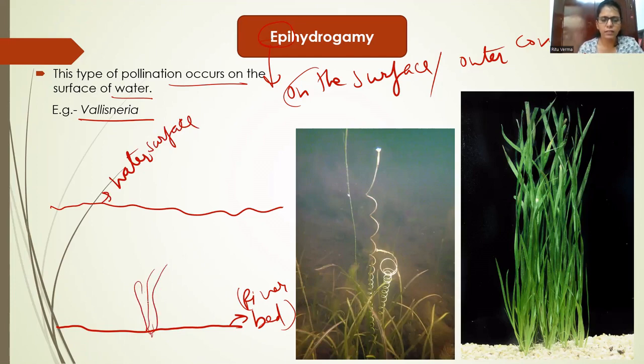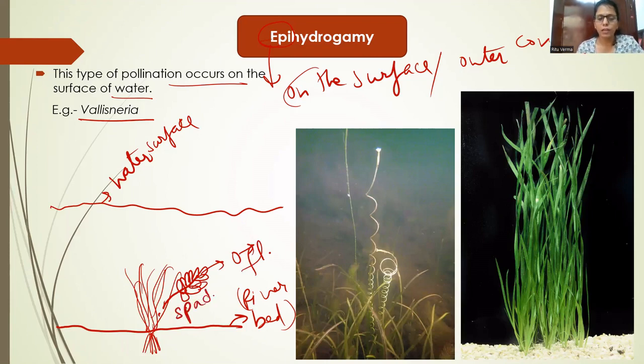It is again a rooted plant, and it is a completely submerged plant, growing in the water freely. Here the male flowers are present in clusters. This is the cluster of male flowers, and this cluster is known as spadix.